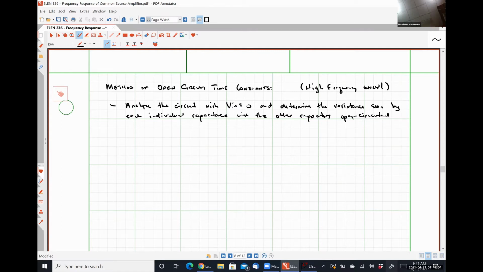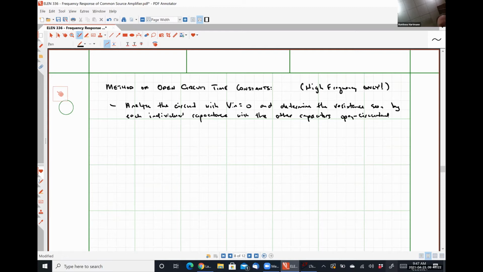So we're assuming that the frequency is low. Our capacitor of interest is behaving like a finite impedance, and all of the other capacitors, we're assuming that the frequency is low enough that they look like open circuits, is effectively what's going on here.